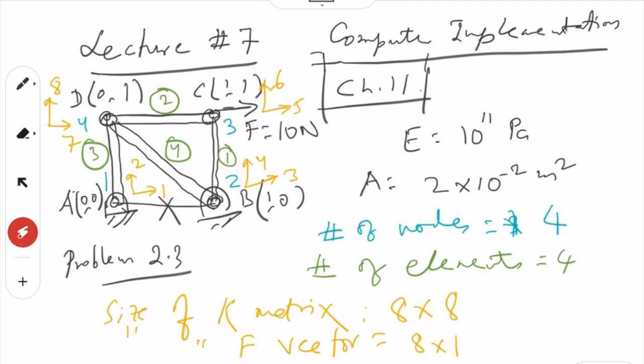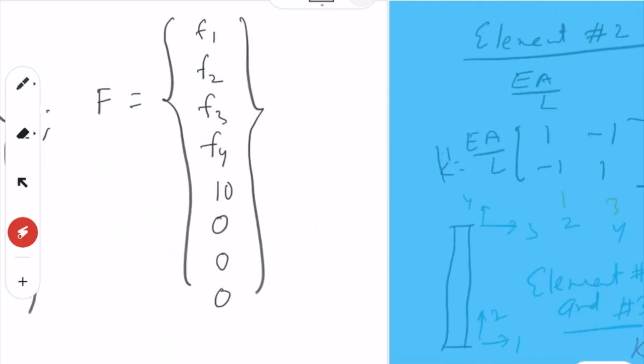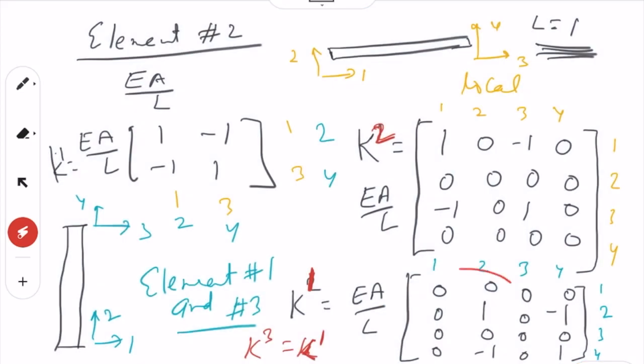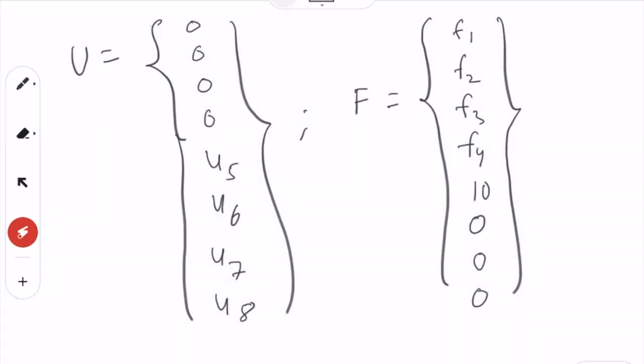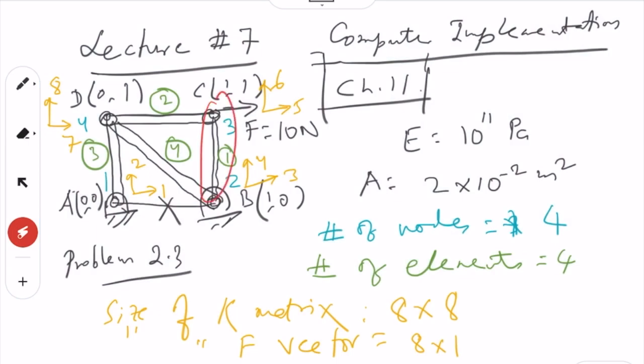Accordingly, based on our derivation, we are going to write 3, 4, 5, 6. Or you can directly copy from there also, instead of copying from the 4 by 4 one. What you will see is 4 and 6 are the ones which are along this axis, hence E over L, 1 minus 1, minus 1, 1 system will correspond to 4 and 6 only, right.